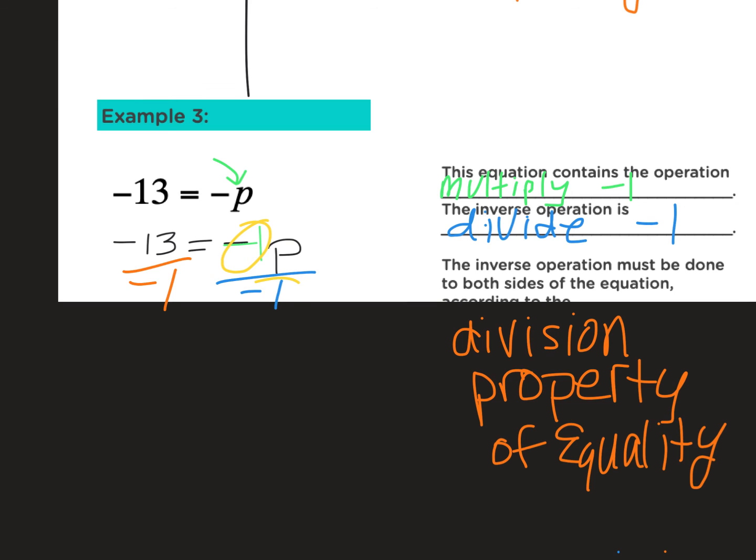Those two 1s are going to cancel each other out. So I now have my P isolated like I need it to be. Negative 13 divided by negative 1 is positive 13. Good job, y'all. That's all we're writing before we get to our classwork.